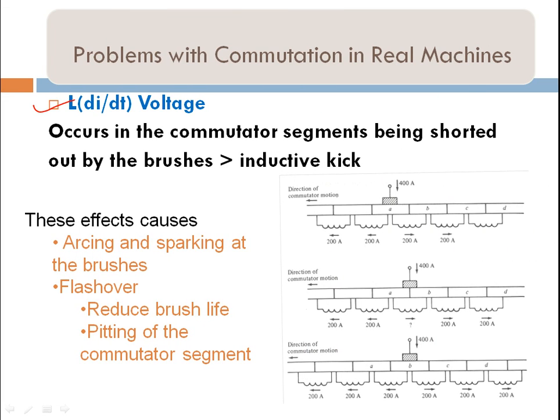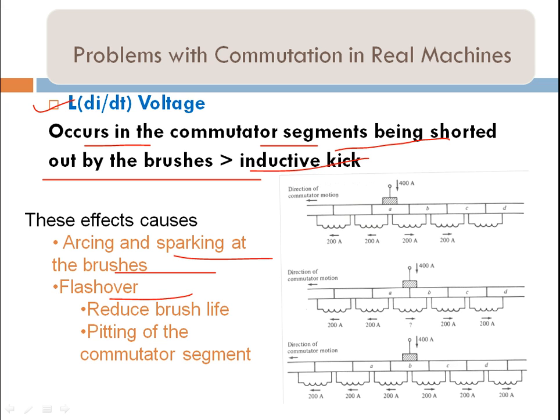L di/dt voltage occurs in the commutator segment being shorted out by the brushes, greater than the inductive kick. Those effects cause arcing and sparking at the brushes, flashover, reduced brush life and pitting of the commutator segments.